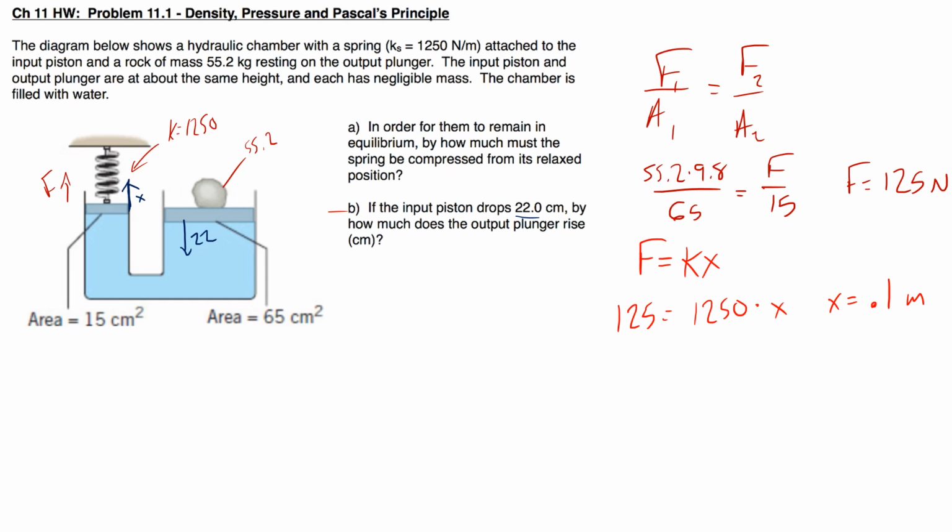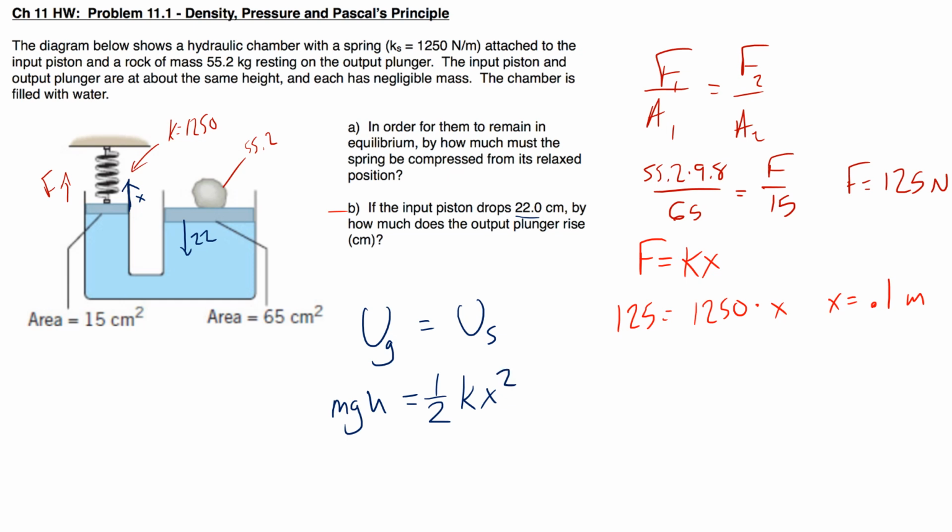If the rock goes down, what did it lose? It lost potential energy. If the spring gets squeezed up, what does it gain? It gains spring potential energy. And those two energies are going to be equal to each other. So your gravitational potential energy, mgh, is going to equal your spring potential energy, which is 1/2 kx squared.